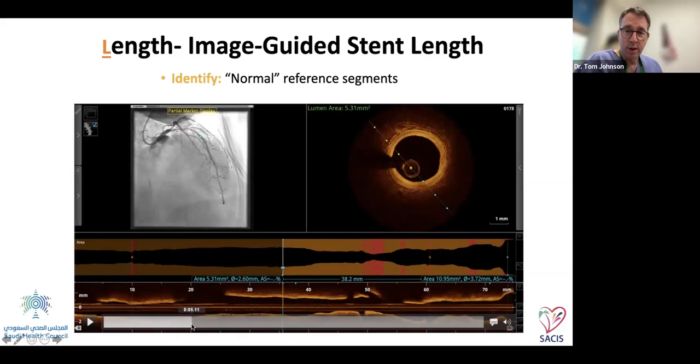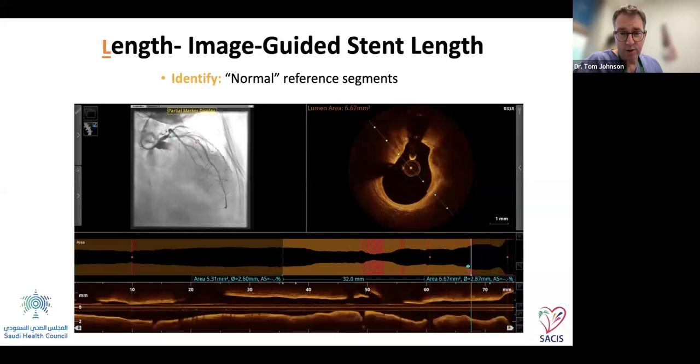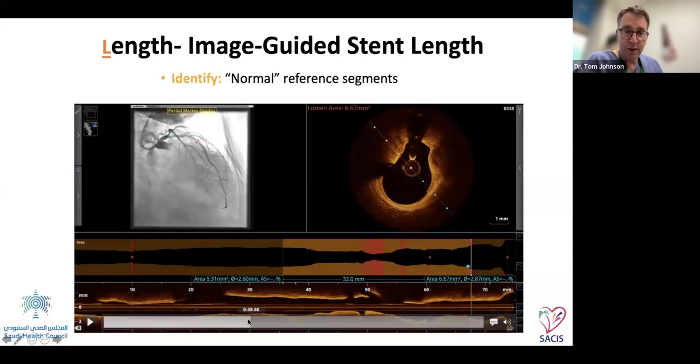So at the distal end, you've got a nice example of a relatively healthy segment, just some pathological intimal thickening, really evident there. And obviously you've got caliber shifting from a large caliber proximal vessel, albeit with that disease in addition, to a relatively healthy but smaller lumen diameter distally.